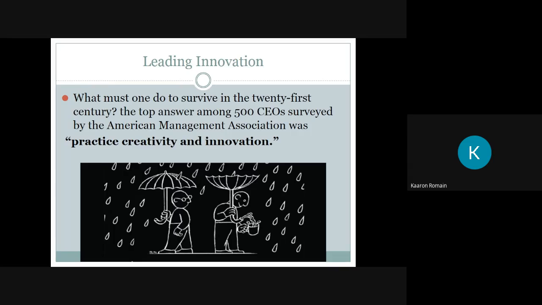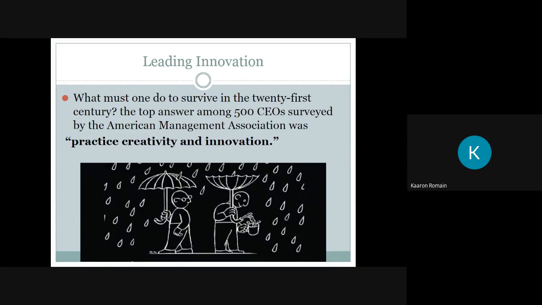And you can see in the slide here two gentlemen. What seems to be happening is that they're sheltering from the rain. Rain is falling, and they are using umbrellas. One is using the umbrella the normal old-fashioned way, and the other guy to the right is using the umbrella upside down.